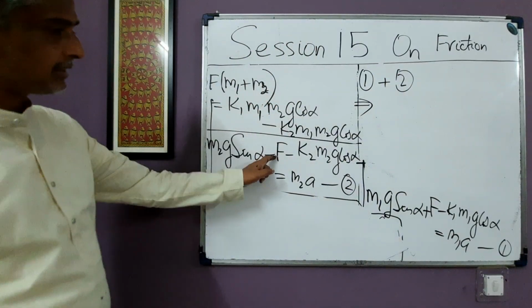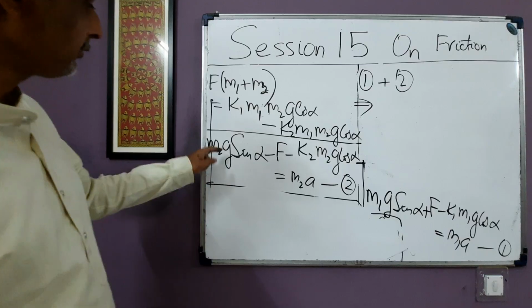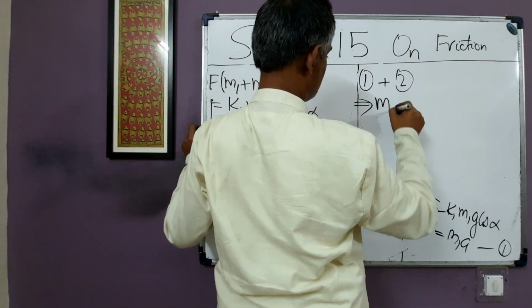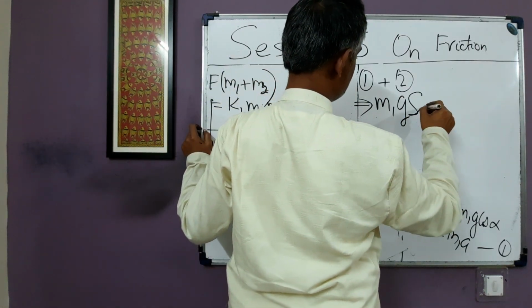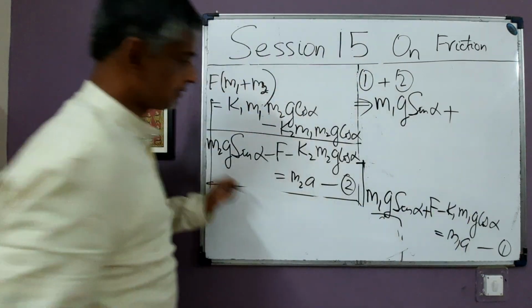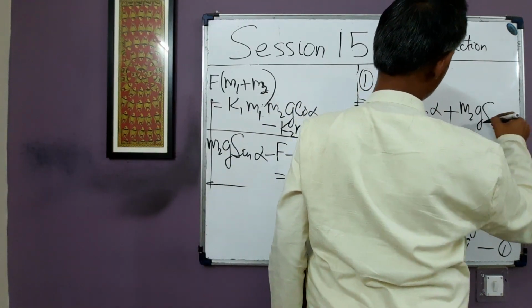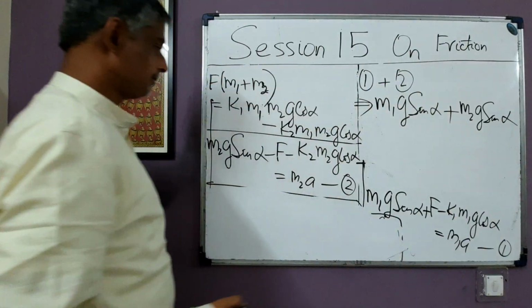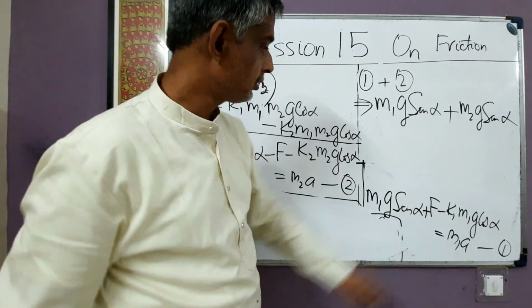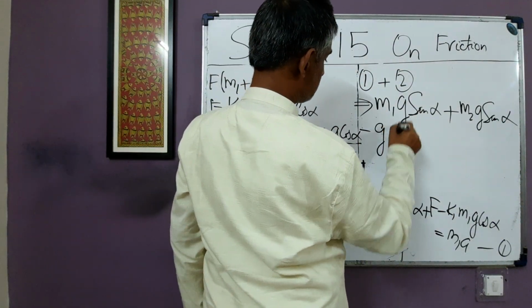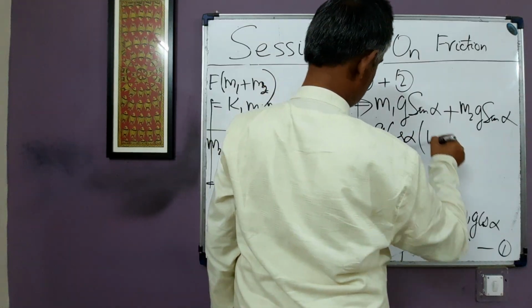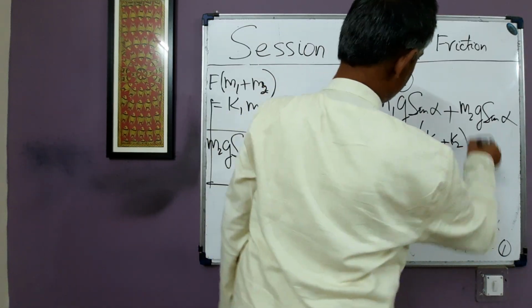If I add, f will go away. So we get m1 g sin alpha plus m2 g sin alpha, f cancels out, minus g cos alpha times k1 plus k2.